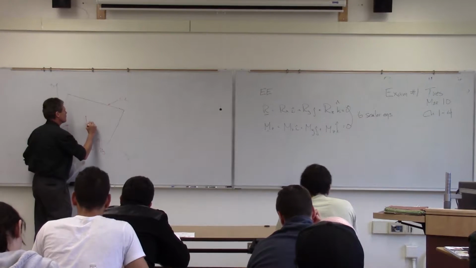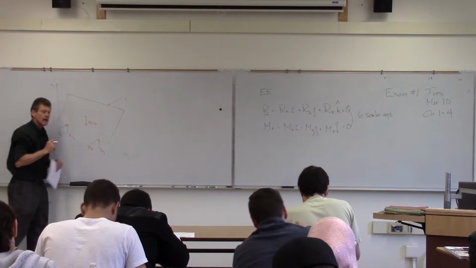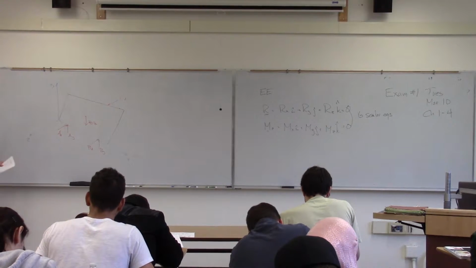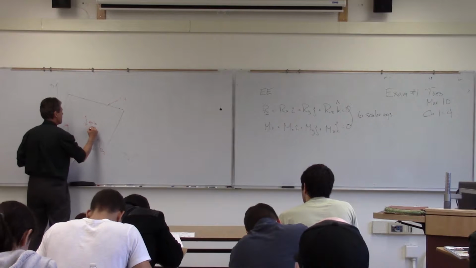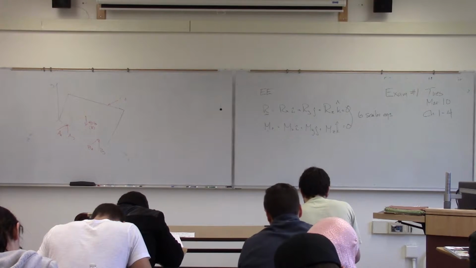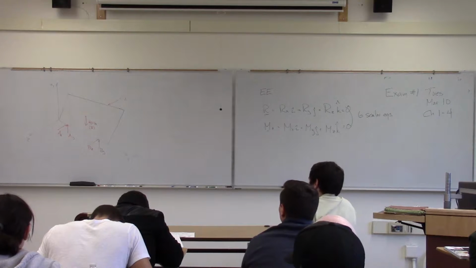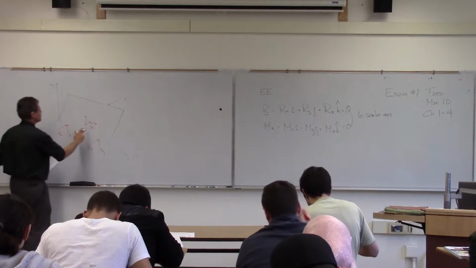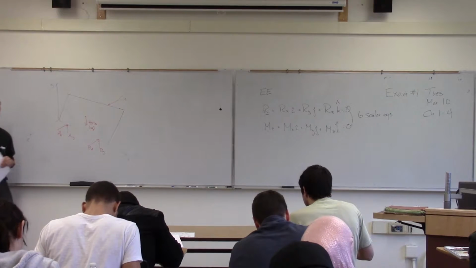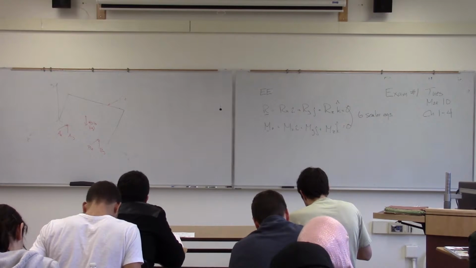So we've got the 40 pounds acting at the center of that, and it's going to be in the z direction. Oh, you're right, negative y. Okay, any other forces?